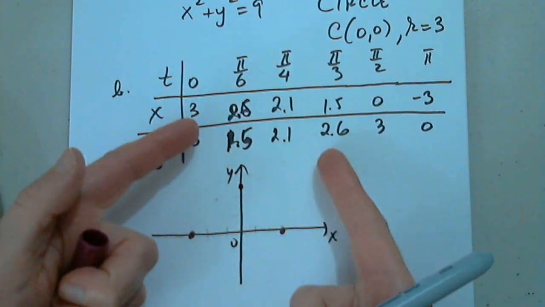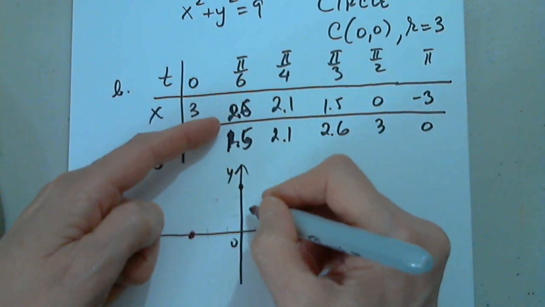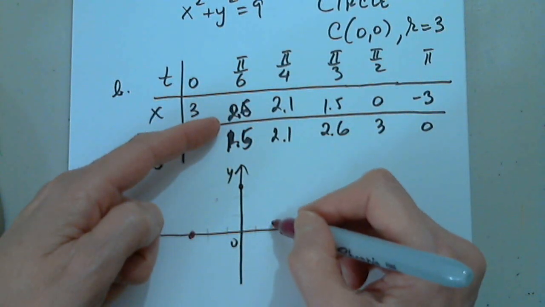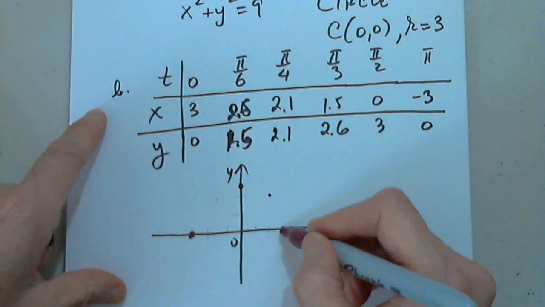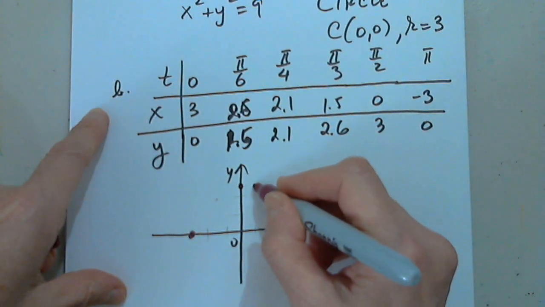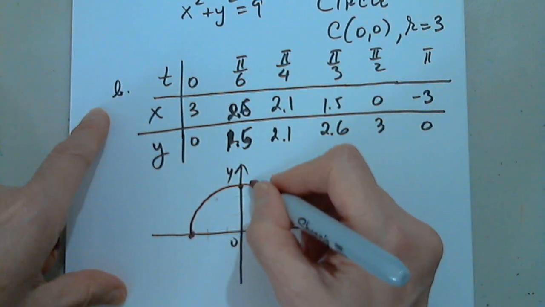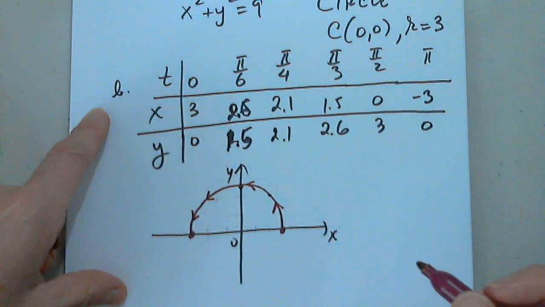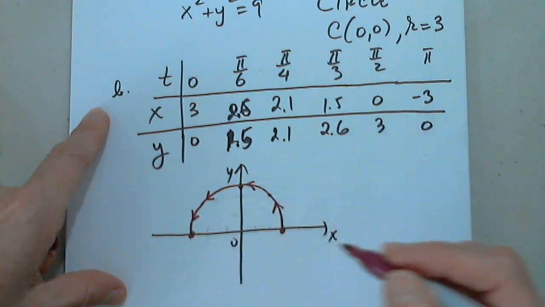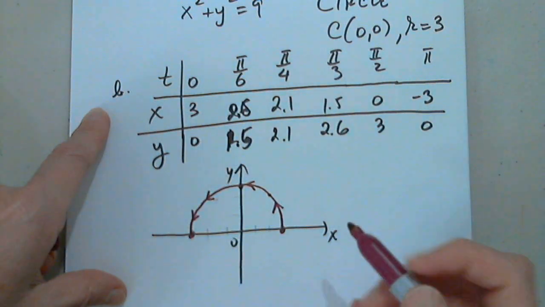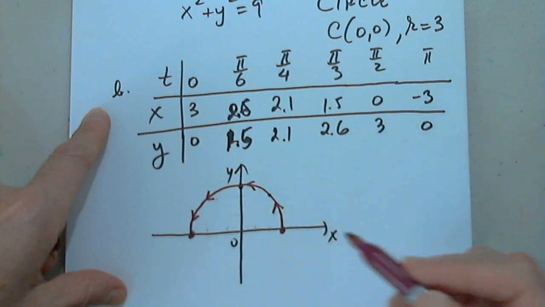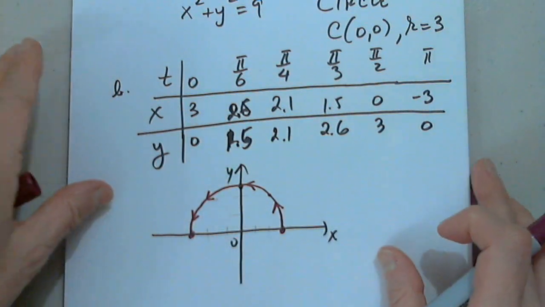And let's plot a couple of these too, like (2.1, 2.1). And this is the direction of the parameter. The way the parameter increases from 0 to pi gives us the direction of the curve. Good.